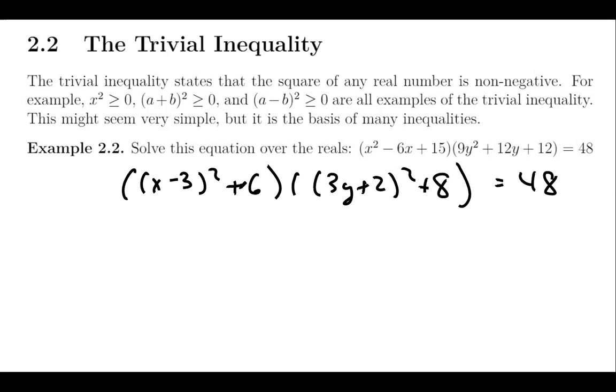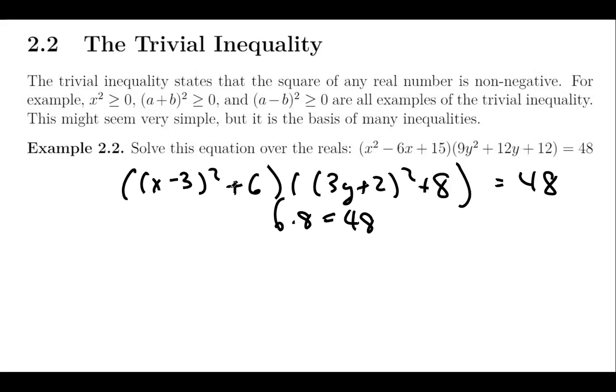Okay, so if you look back to the trivial inequality, the two squares we have here have to be greater than or equal to 0. So that means their minimum value would have to be 0. On the other hand, we also know that 6 times 8 equals 48. So that means that both of these values must be 0.